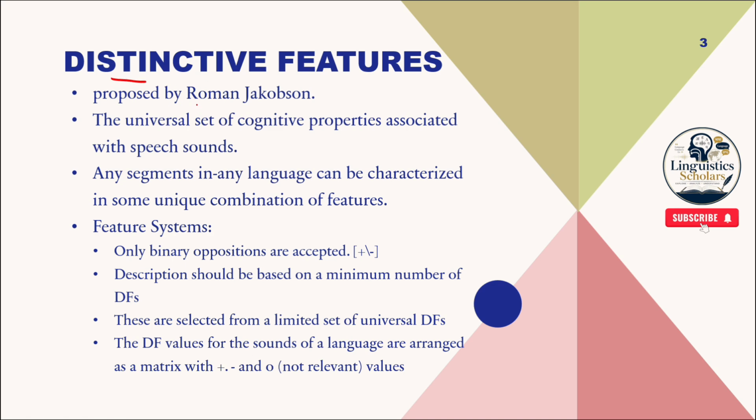These features were proposed by Roman Jakobson. It's a universal set of cognitive properties associated with speech sounds. So it's a set of properties for speech sounds, as simple as that.